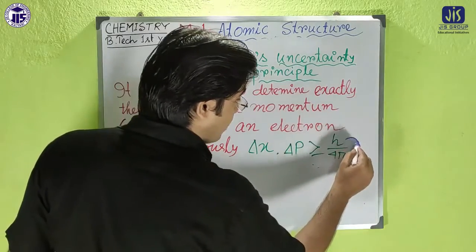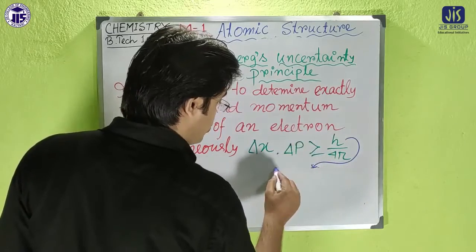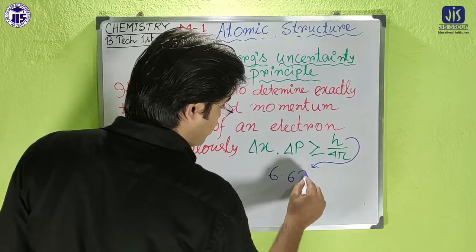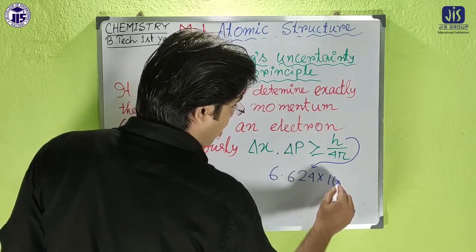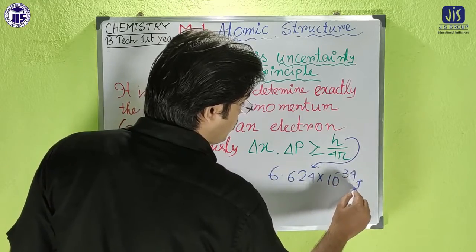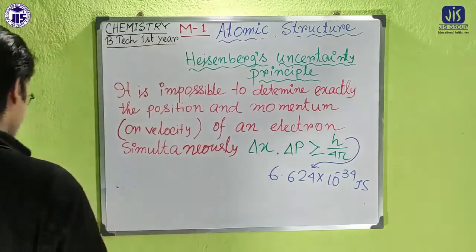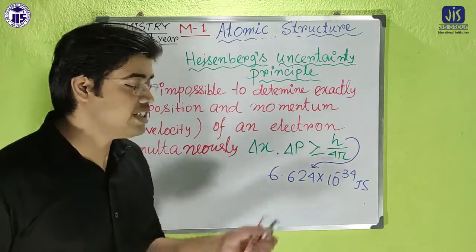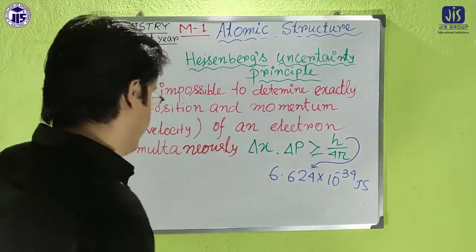What is the value of the Planck constant? Planck constant equals 6.624 into 10 to the power minus 34 joule second.